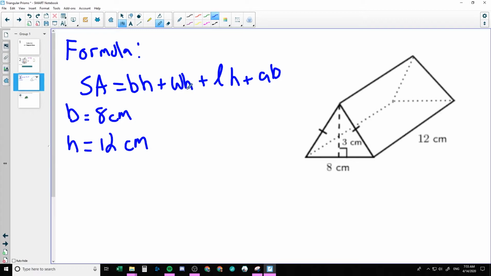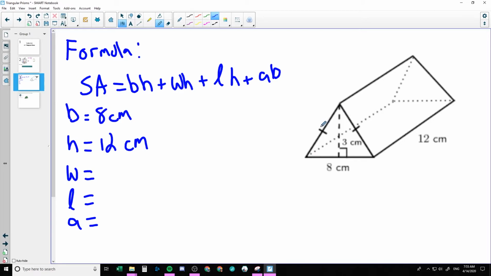And then we've got the width, the length, and the height of the triangle. And these lines here, you may not be very familiar with them, but what these lines mean is that this is an equilateral triangle. This side is 8 centimeters. This side is 8 centimeters. This side is 8 centimeters.